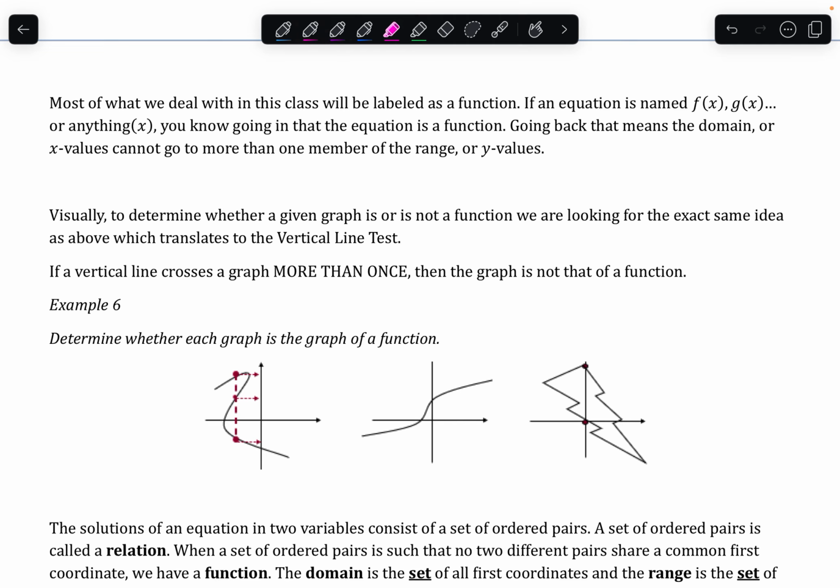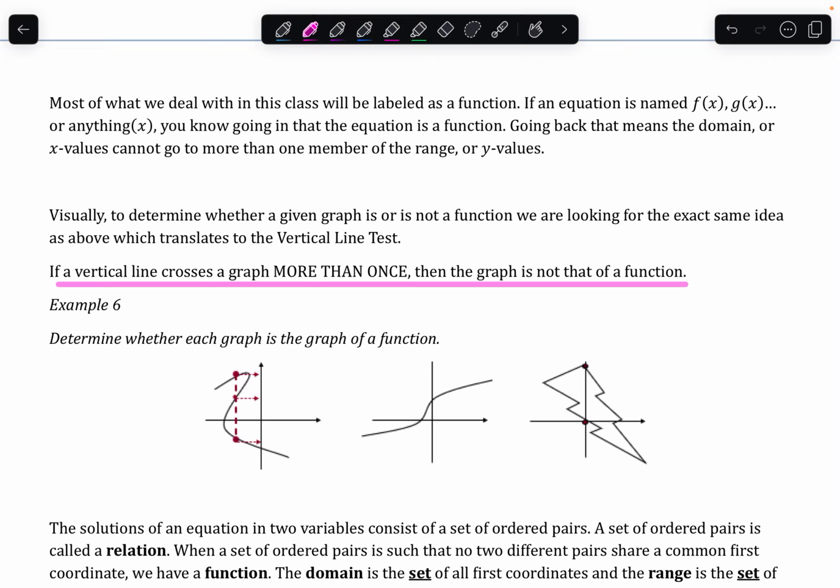So when trying to determine a function visually, a vertical line is not allowed to cross the graph more than once, because that goes back to that each element in the domain is allowed exactly one member of the range. If it hits more than once, it's going to have more than one member in the range, which means it's not a function, or we could say it fails the vertical line test.